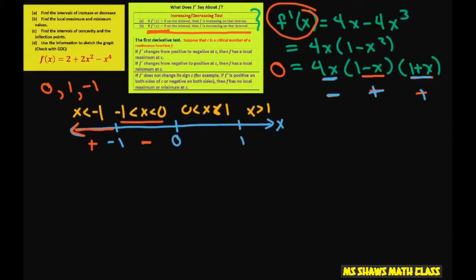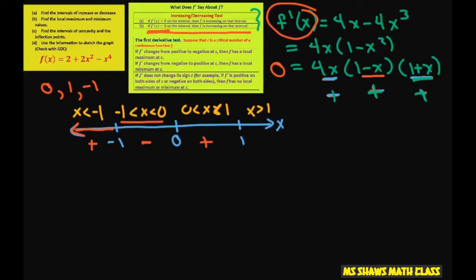All right. Now the next one, let's try 1/2. If I plug in 1/2, I'm going to get a positive. 1/2 here gives me a positive, and 1/2 here also gives me a positive. Three positives mean it's positive, so it's increasing on the interval from 0 to 1.